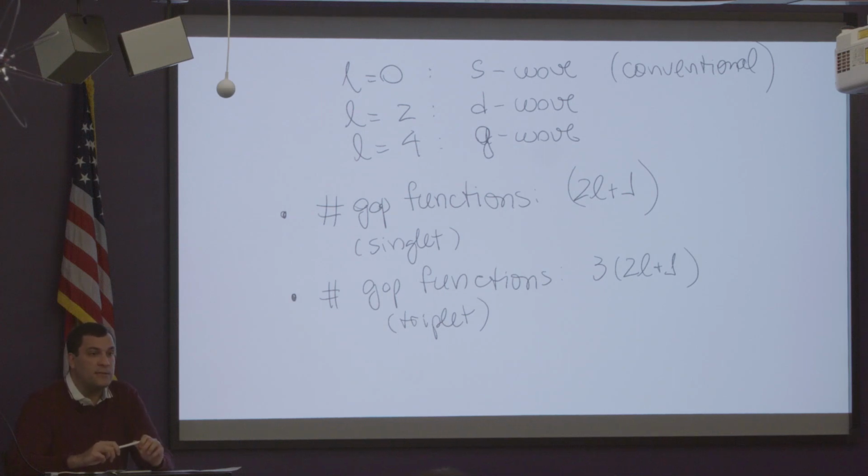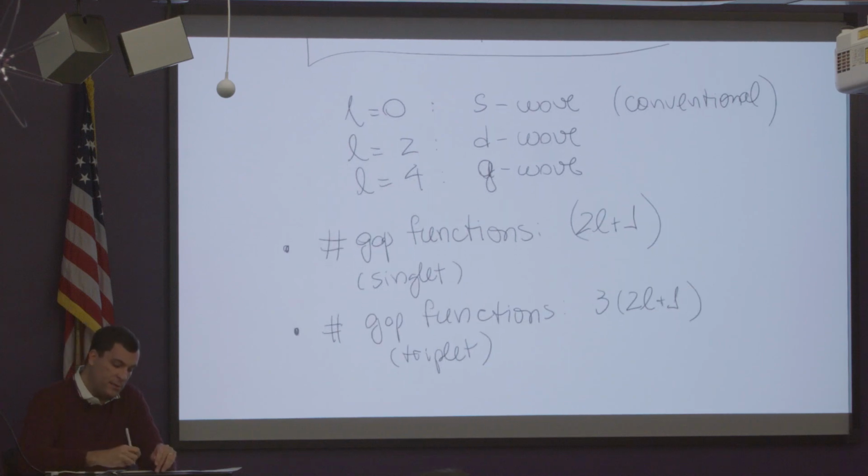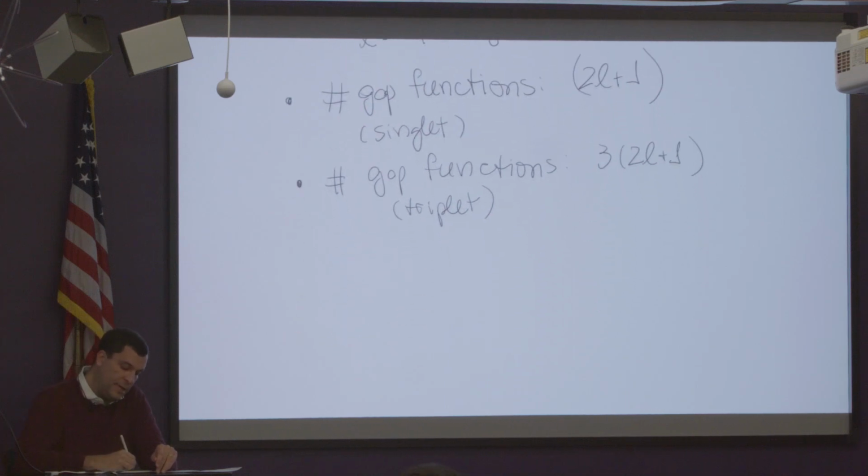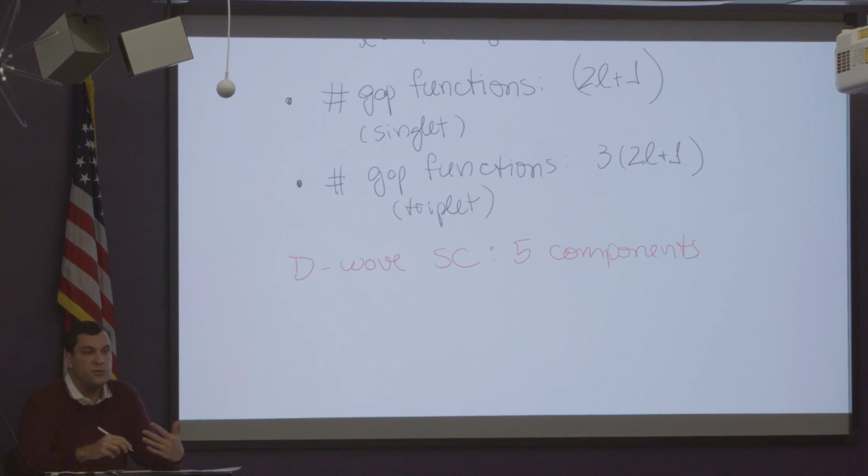Now let me ask you a question. Let's look at L equals 2. We're going to focus all these lectures on L equals 2, although a lot of this works for other cases. So I have 5 components, so any D-wave superconductor I need 5 components. You can do it in terms of the index m, but a little bit more intuitive, instead of the spherical harmonics we use just the cubic harmonics.